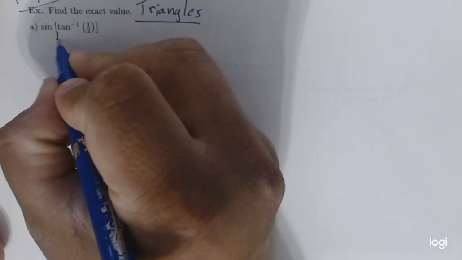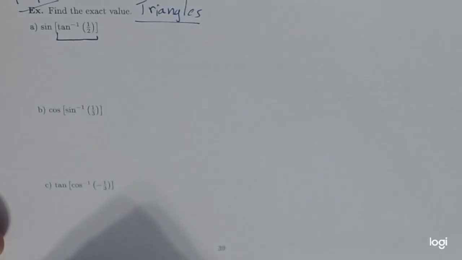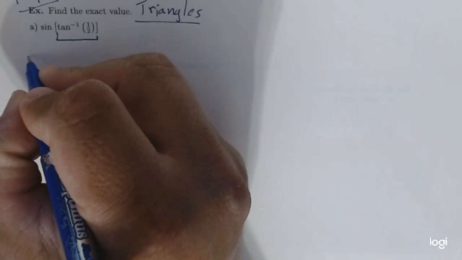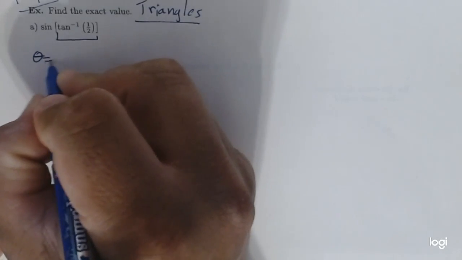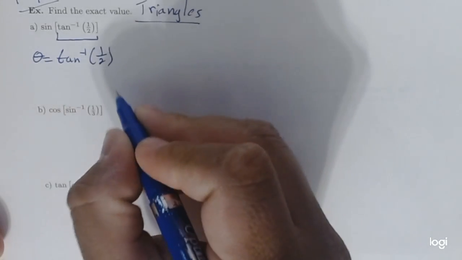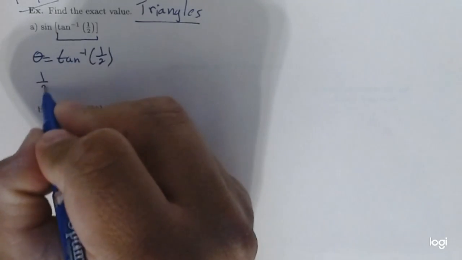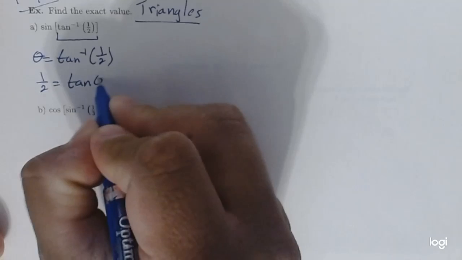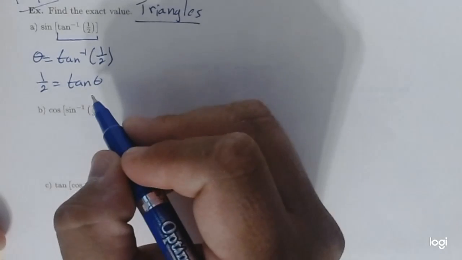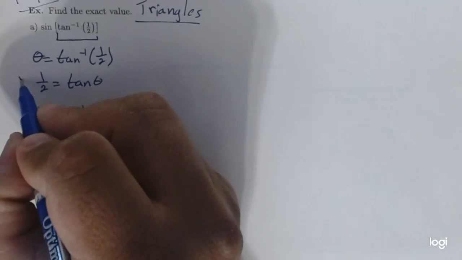First, we simplify using what we did last section. We have theta equal to tan inverse of 1/2. So if we convert this, 1/2 is equal to tan theta. Remember, tangent is equal to y over x.